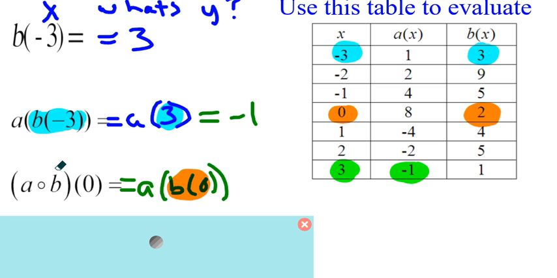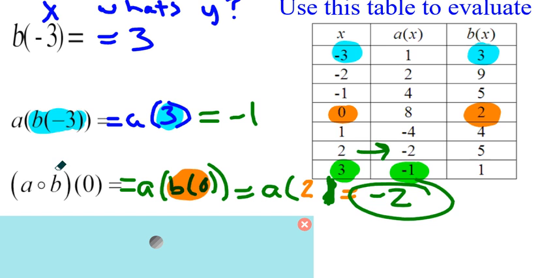So right away, I know I'm going to do a of 2. I just want to try to keep my colors together. And a of 2 is going to be, go find your 2 value, and a of 2 is negative 2. So my answer is negative 2.